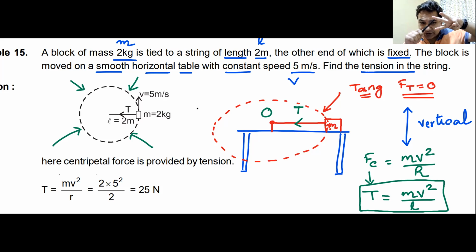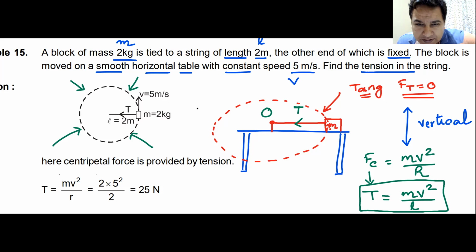Along the centripetal radial direction, you will always have force because we are studying circular motion. So you will always have one equation in the centripetal direction: the net force in the centripetal direction must be equal to mv square by R. This is what we have done, and that has given us the answer for this question. But the third one remains.